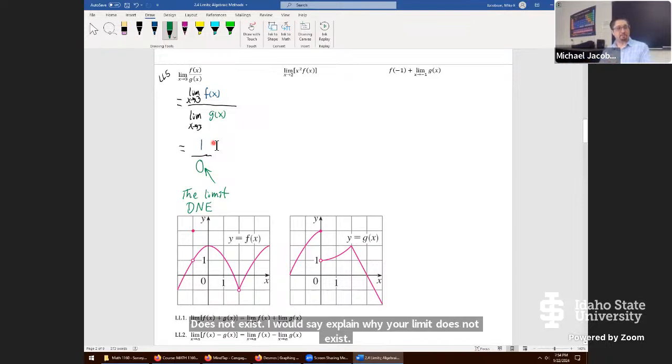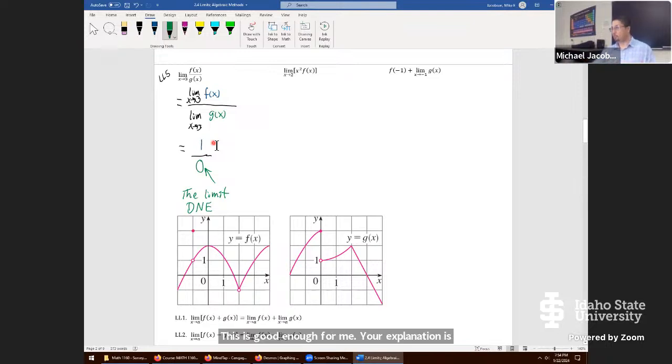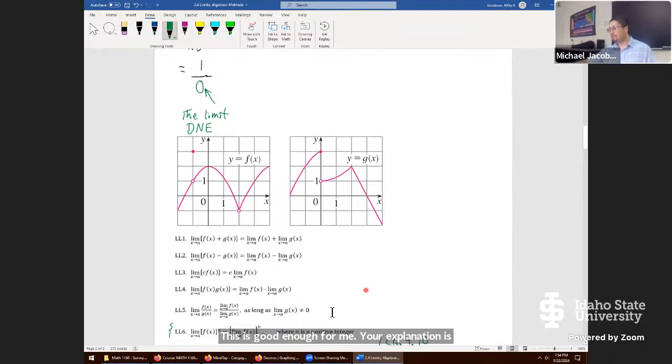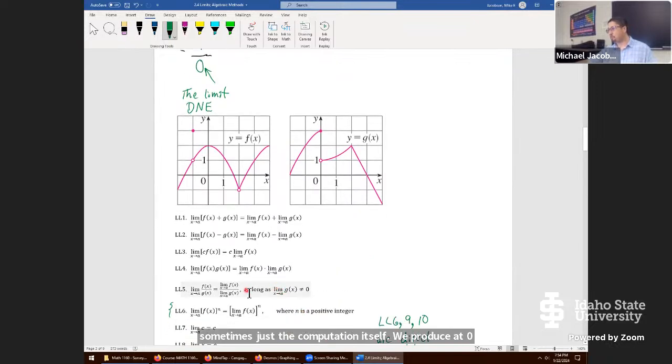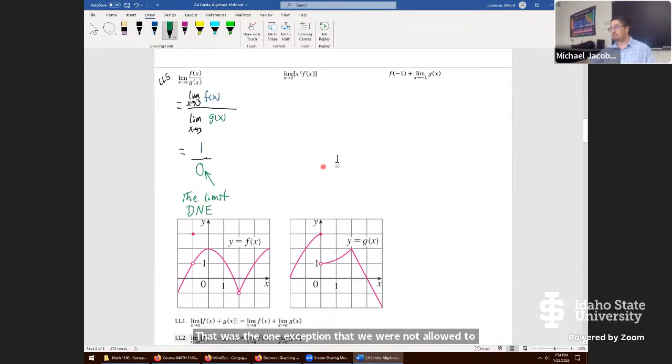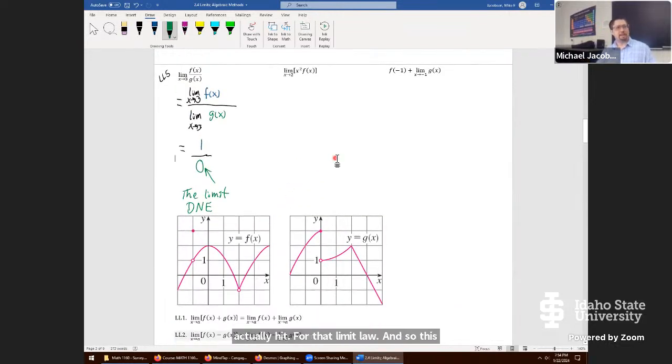Your explanation is sometimes just the computation itself. We produced a 0 down below. That was the one exception that we were not allowed to actually hit for that limit law. And so this one is a true does not exist. It might be a positive infinity, might be a negative infinity, something like that. So that one's done.